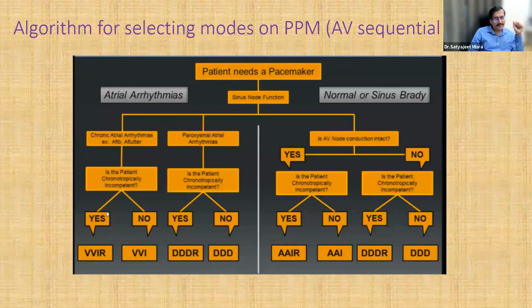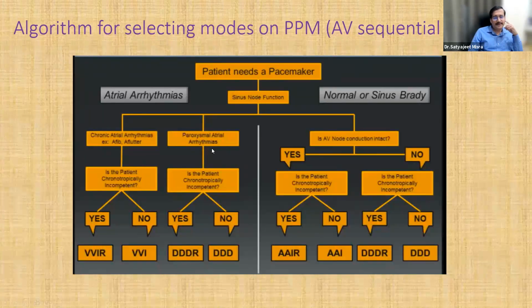If the answer to both is yes, you put in a rate responsive pacemaker, but it goes into ventricular pacing. It makes no sense to pace the atria in such cases. If the answer to rate responsiveness is no, that means the patient is able to mount a rate response, then you just put in a single chamber ventricular pacemaker.